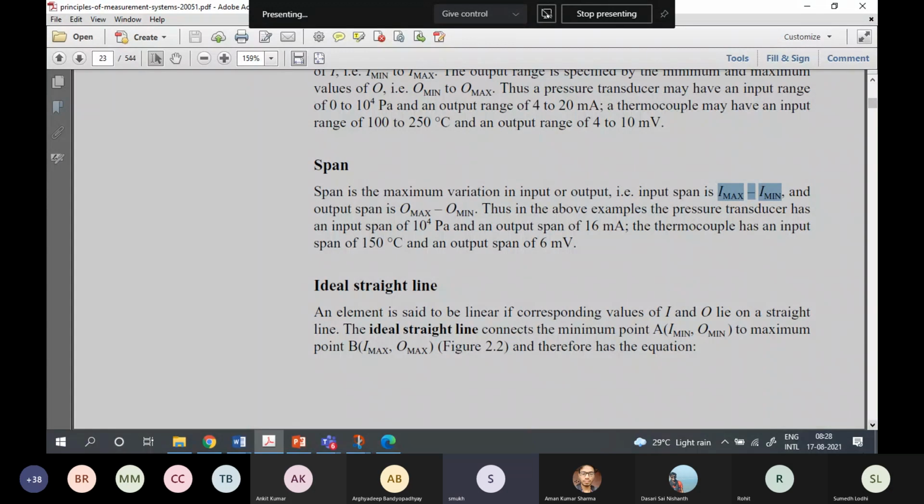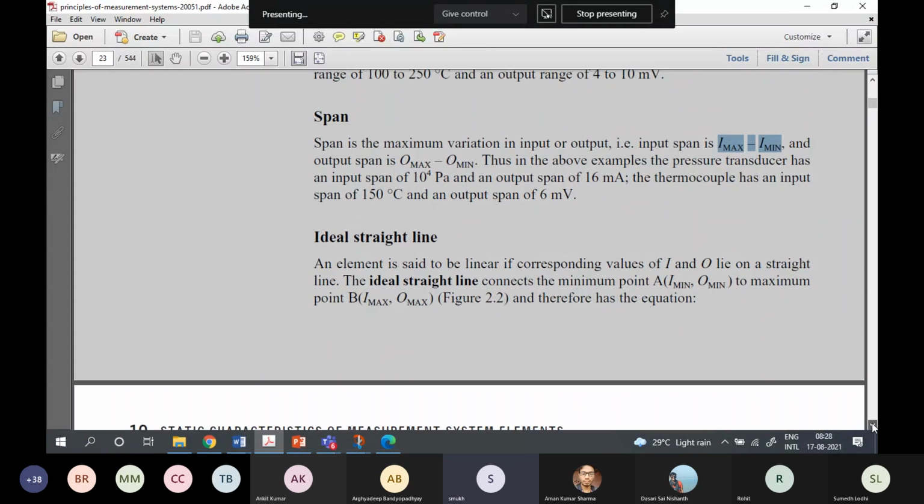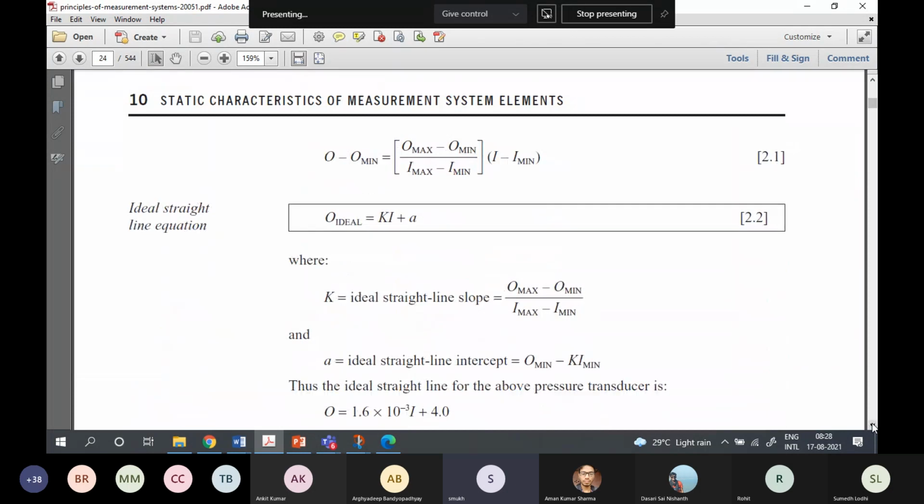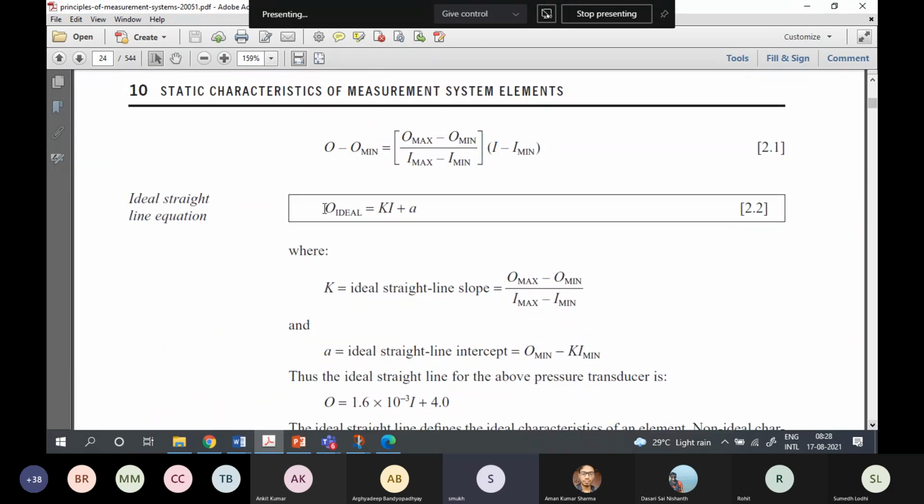So that is why it is considered the ideal characteristic. We will often think that the instrument can be treated as a linear characteristic instrument. We will often even try that this c value becomes 0. Then I have to only remember k.